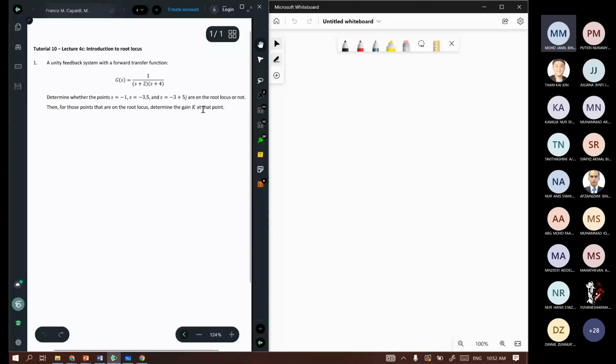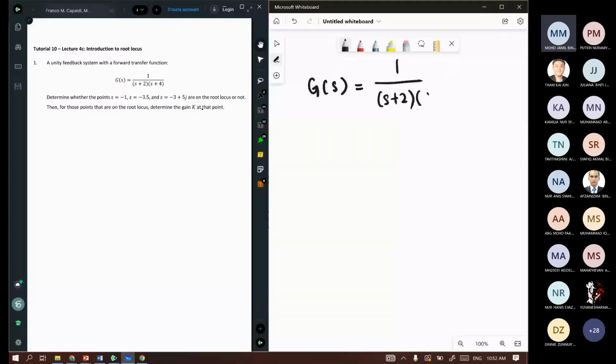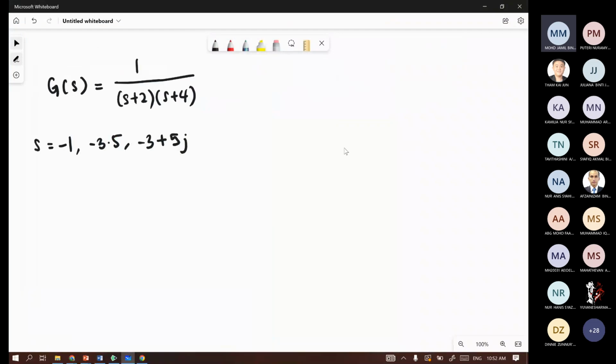Okay, so first step, maybe we can write the transfer function first. And then we have points -1, -3.5, and -3 + 5j. Firstly, you determine the poles and zeros of this transfer function.